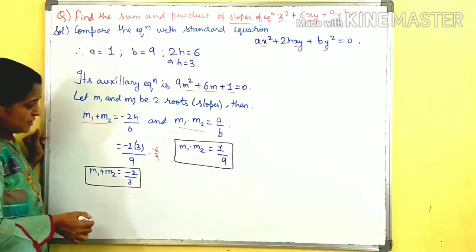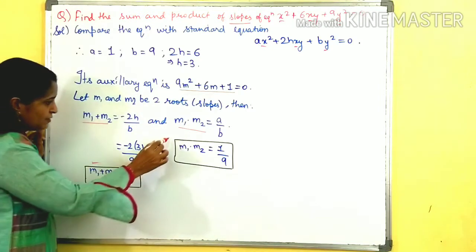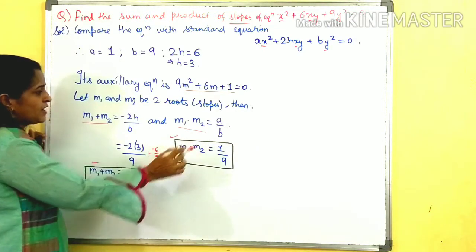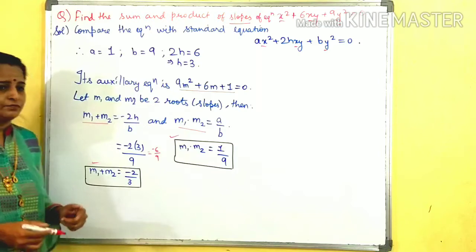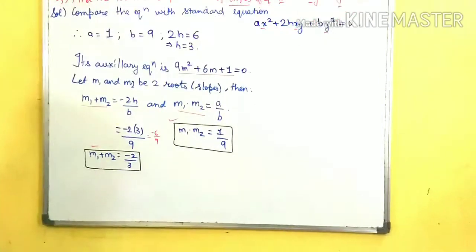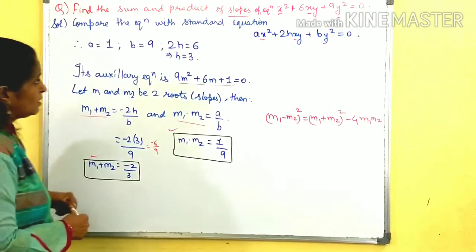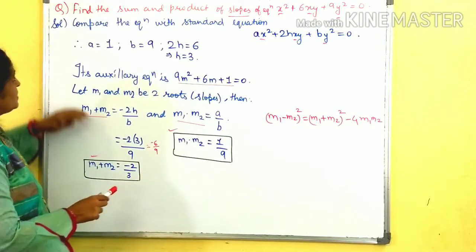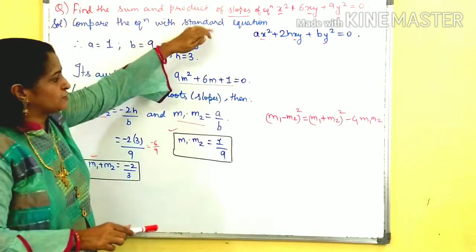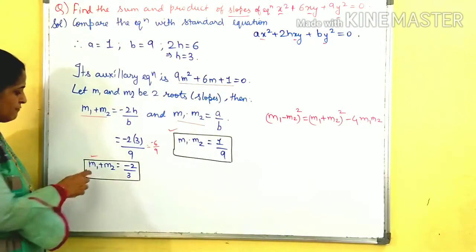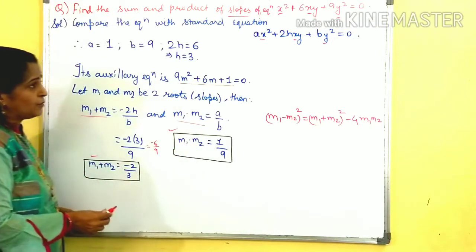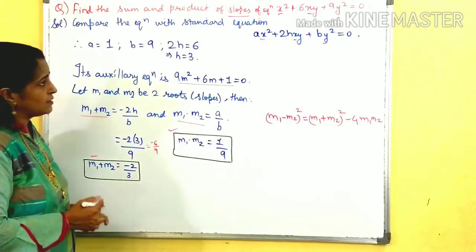In next examples, you have to find direct value for m1 plus m2 and m1 into m2. Now as we see in the given example, you have to find the sum and product of slope, means m1 plus m2 value and m1 into m2 value from the standard results.